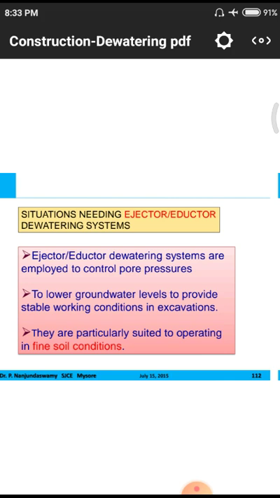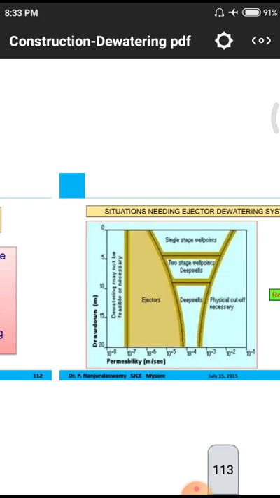The geological data, structural data and soil characteristics, all those things we need to observe for a better system. That means we need to dewater the land, so what system is suitable for those conditions, we have to observe.